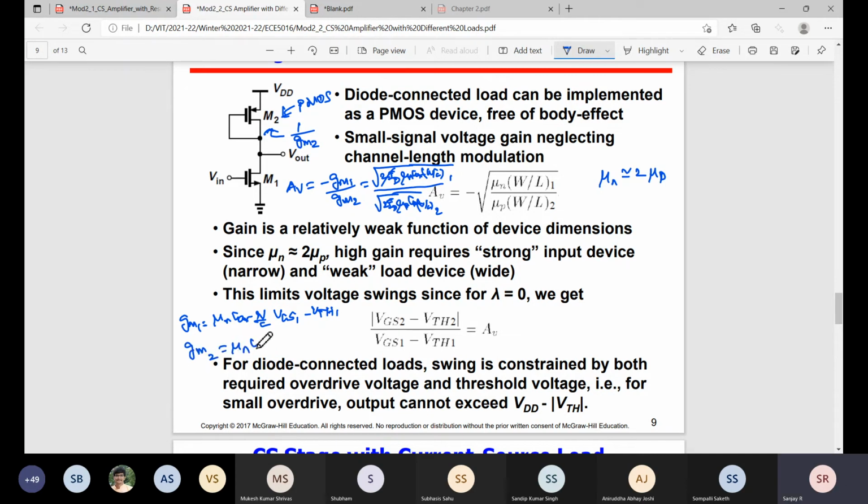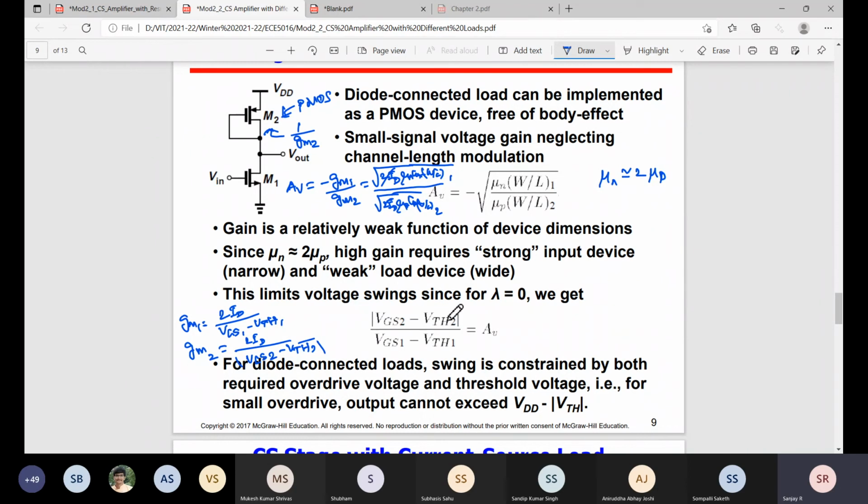I want to take the same current, so I'll take a different expression: 2 id divided by VGS1 minus VTH1, because we have the same current, and 2 id divided by VGS2 minus VTH2. Assume it is positive. Then I can write gm1 by gm2 as this.